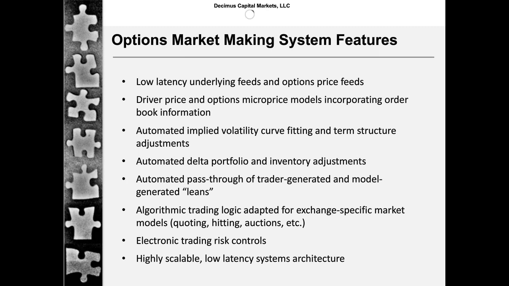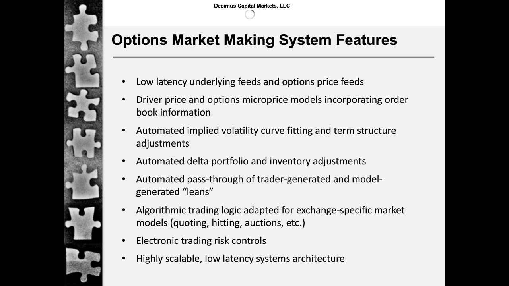Maybe one thing I'd like to highlight here is pass-through of trader-generated and model-generated liens. That's another important thing I probably didn't highlight with the building blocks, but valuation itself needs to have a sensible way of incorporating all sorts of intentions.